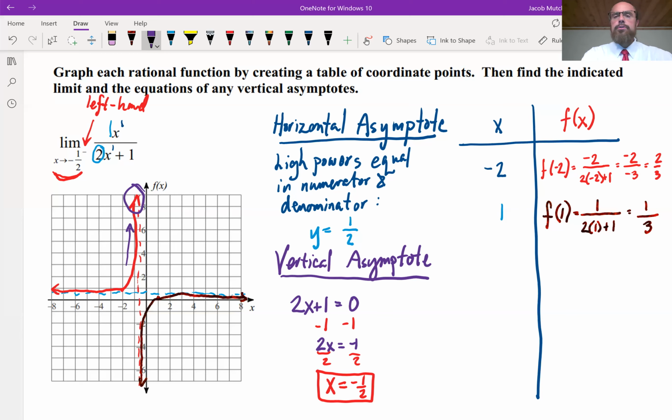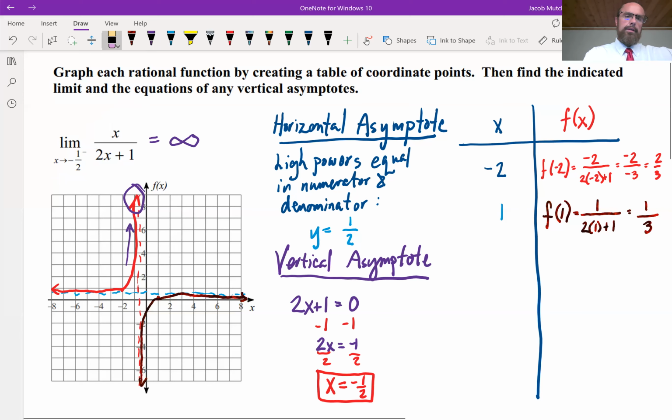And you can see it's shooting like a rocket towards the heavens. That's infinity. So we would finalize that by saying the limit as x approaches -1/2 from the left-hand side equals infinity. And that I can box.